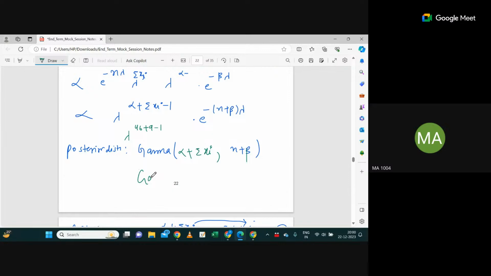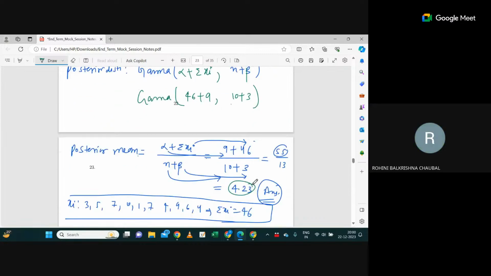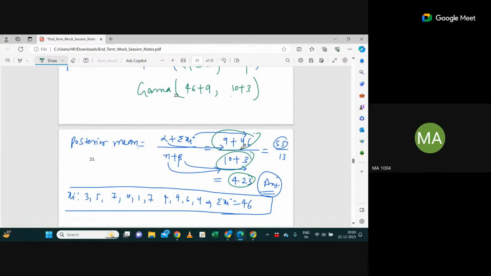Then what will be your parameters? The alpha dash will be 46 plus 9. What will be your beta dash? What you got here is e raised to minus 10 lambda, beta plus 3, that is 10 plus 3. The same thing I have done, right?